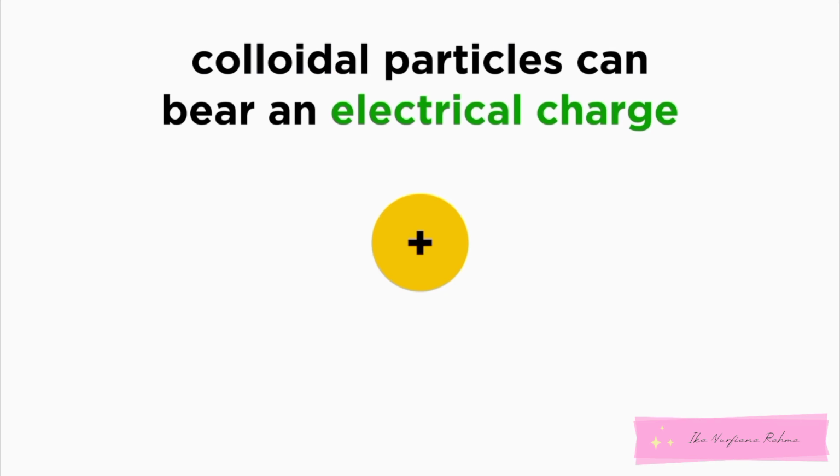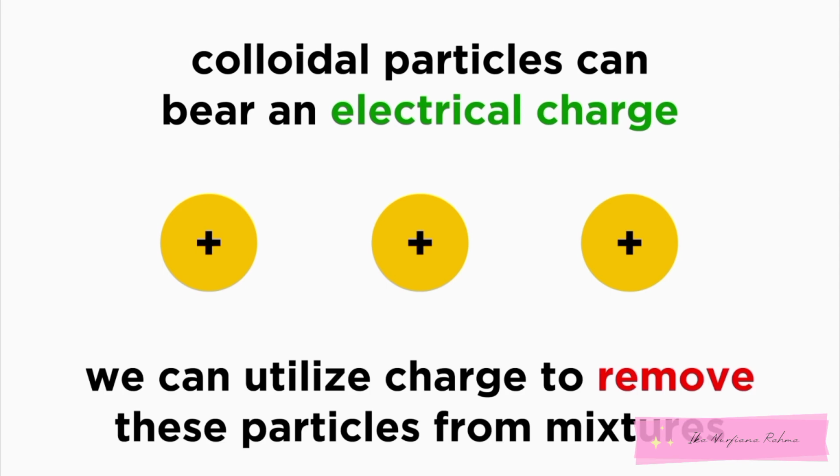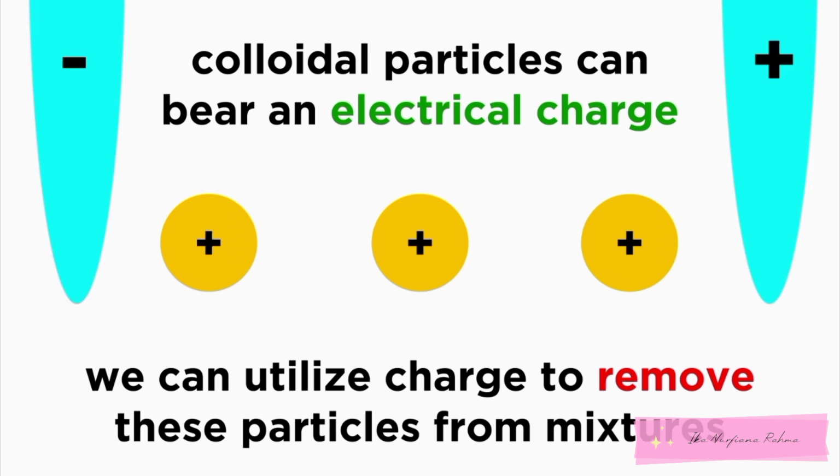Sometimes dispersed colloidal particles will bear an electrical charge. In any particular system, all the colloidal particles will have the same charge, which helps keep the particles dispersed since like charges repel one another. We take advantage of the charges on colloidal particles to remove them from a variety of mixtures.